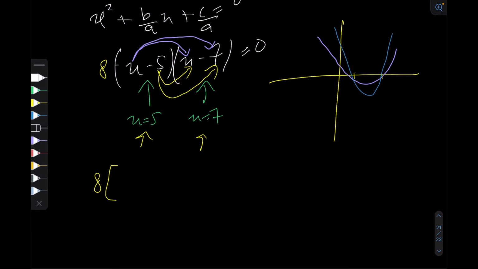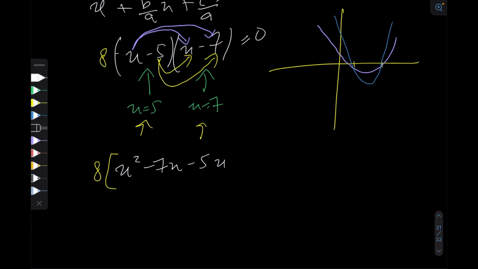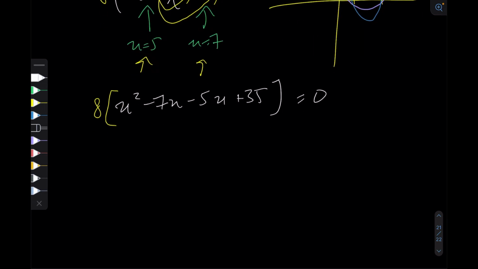And so we get x squared, and then we have this x multiplying with the root over there, which would be minus 7x, and then the same goes for the other bracket, it would be minus 5x, and then the two roots multiply together, which will basically be 35. So this would basically be equal to x squared minus 12x plus 35.